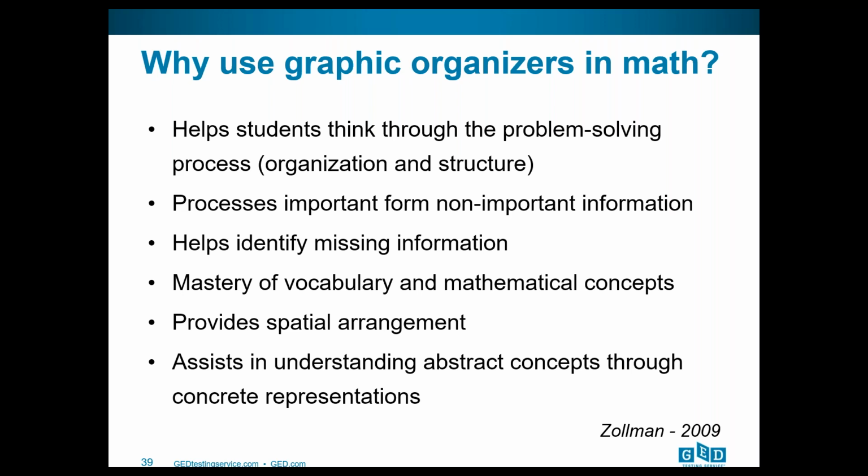They may see information that's in there that isn't important and try to factor it in. All of us have had the students who, if there are 5 numbers in a problem and you only need 3 of them, are going to use all 5, because if the number's there, it has to be important. And so we have to help our students get past that type of problem and those issues.